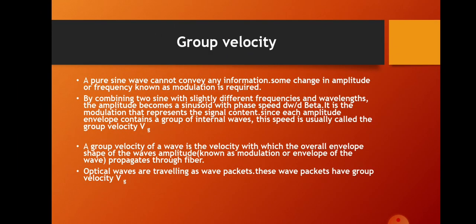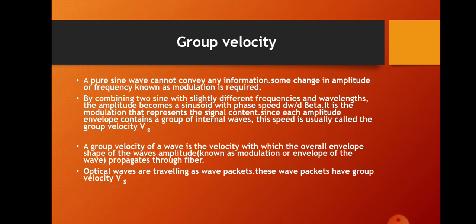Next is the group velocity. Usually a pure sine wave cannot convey any information. For conveying information on the sine wave, some changes in amplitude or frequency should be there, and if we are changing the amplitude or frequency of the sine wave, that technique is called modulation.